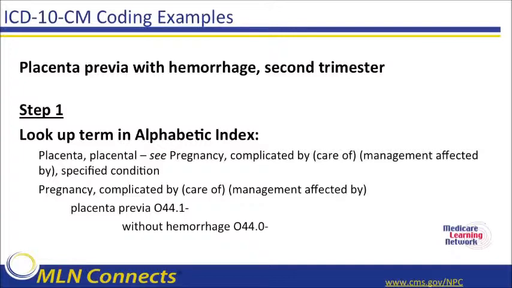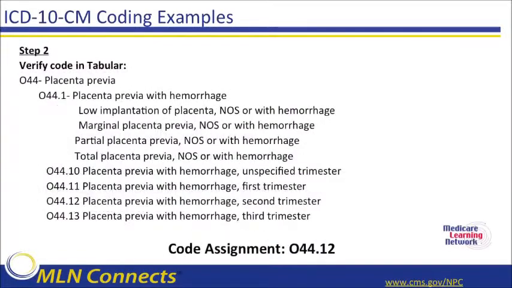So then you know to look under the main term pregnancy complicated by, where you will see placenta previa listed as a subentry. You know from the diagnosis that it is with hemorrhage, so look up O44.1 in the tabular to verify the complete code number. As shown on slide 31, the correct code number is O44.12, placenta previa with hemorrhage, 2nd trimester.